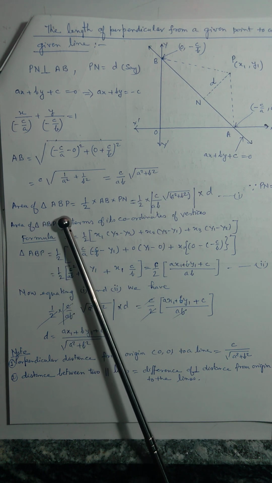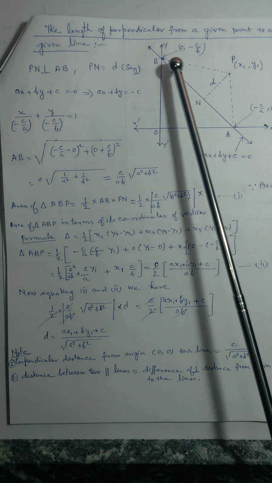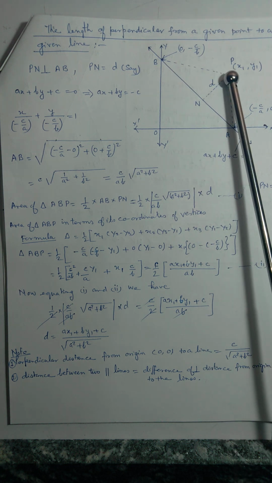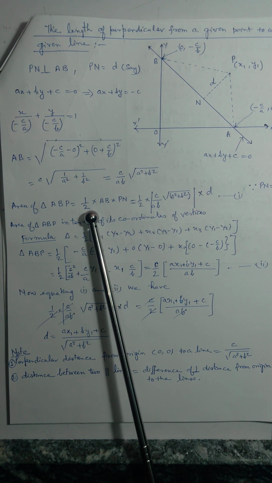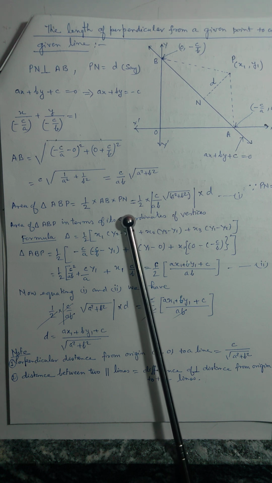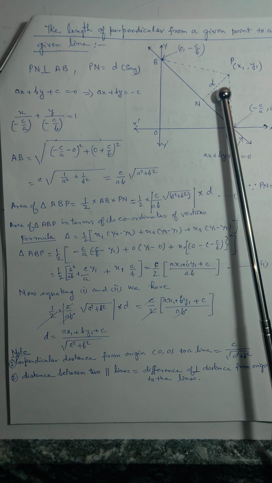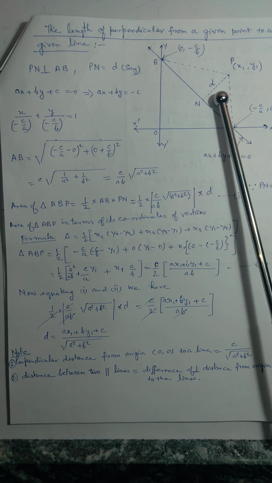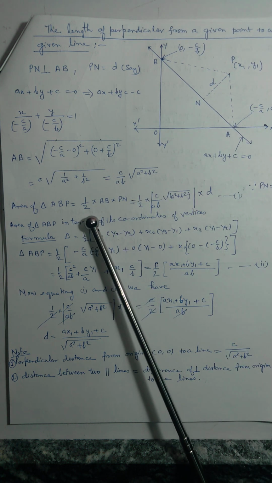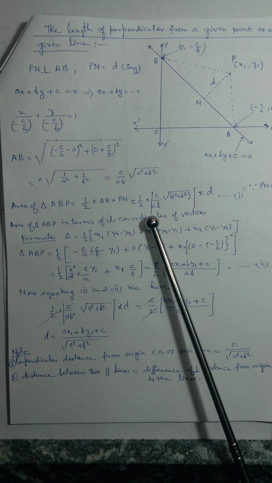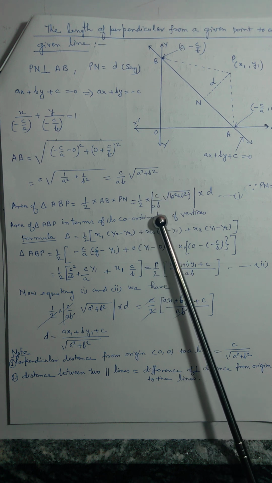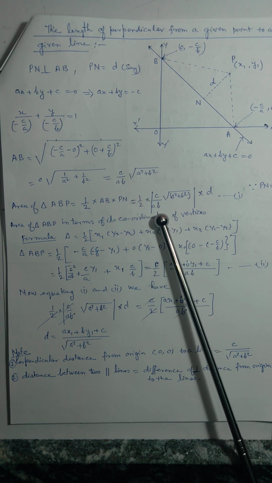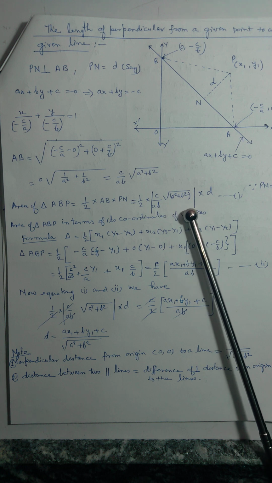Now the area of the triangle ABP, I repeat again, area of the triangle ABP is 1 by 2 AB into PN. What is PN? That is the perpendicular distance, let it be D. So 1 by 2 AB into PN is equal to 1 by 2 into c upon a by b, root a square plus b square.